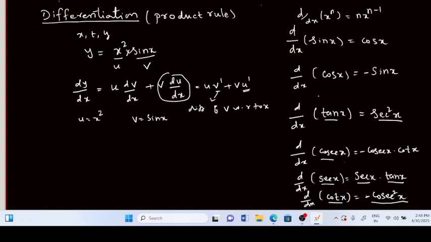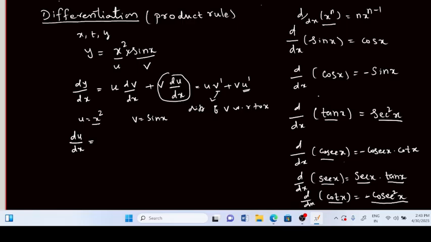So what do we do? We differentiate du by dx, differentiating x square with respect to x. We use the formula: x power n is n into x power n minus 1. n is 2 here.